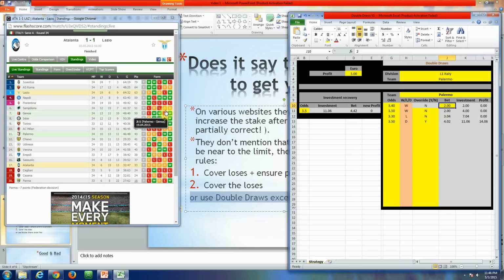and taking from the middle of the table, you'll have draws for every team except Genoa in this case, which you need to cover more than 5 games. So you need to have a loss and then a loss again, and don't go with the Y just to cover the investment.